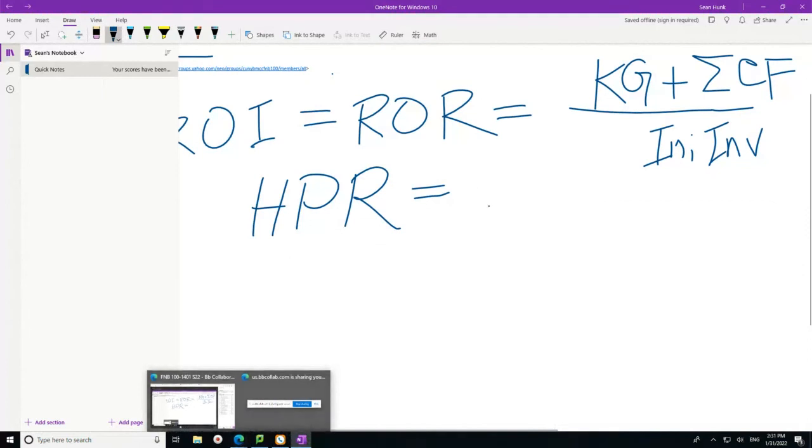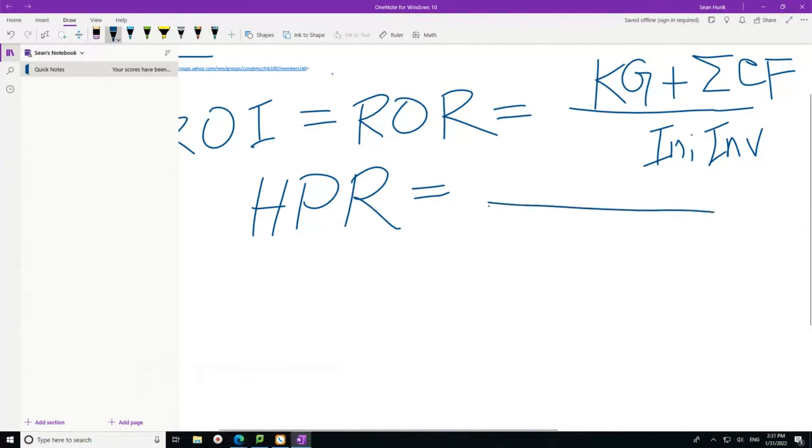Basically, holding period return must have a beginning time, in other words, time zero, the initial or starting time, and it goes until time T, uppercase T, which is called terminal time or maturity, right?